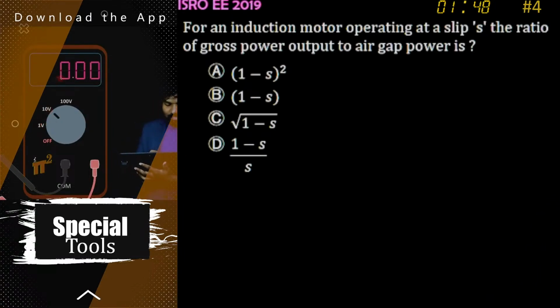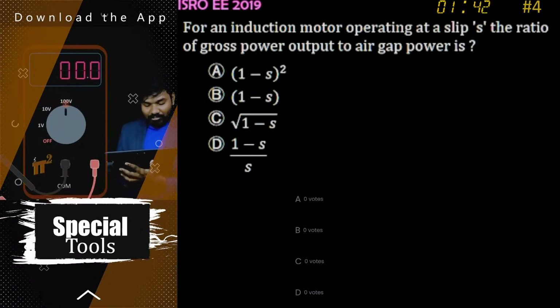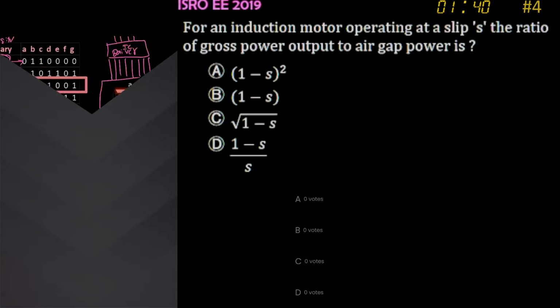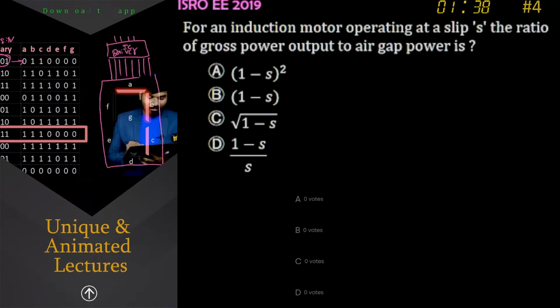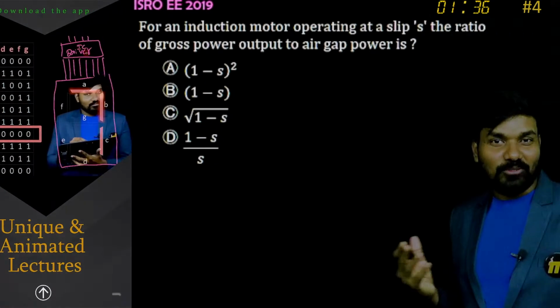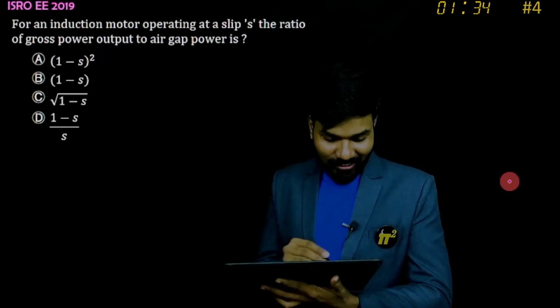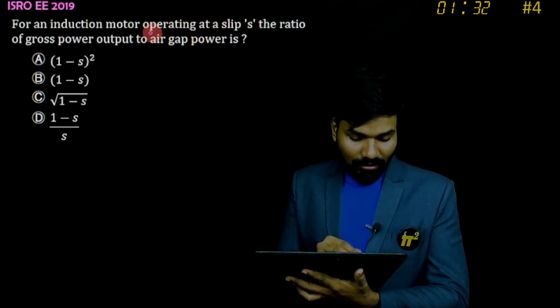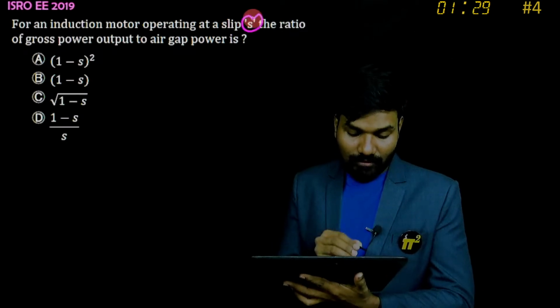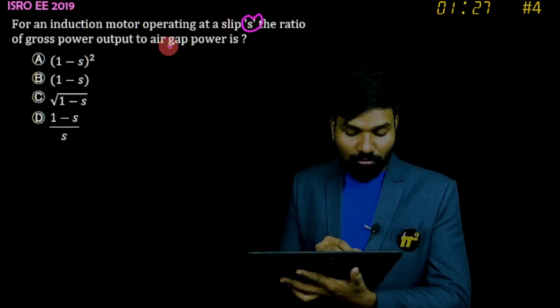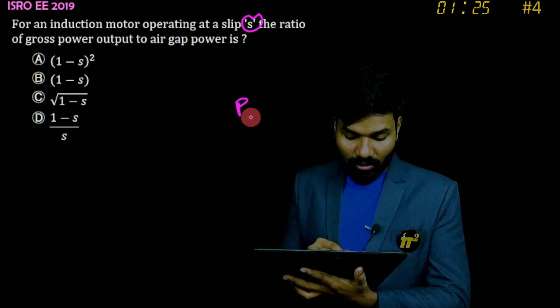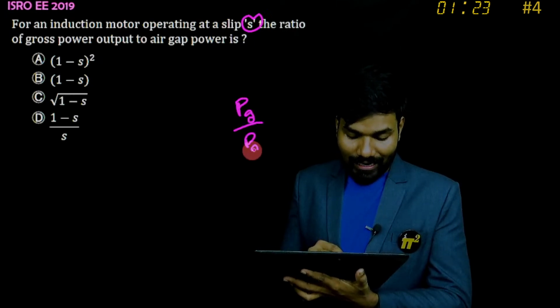Quick. It's been more than 15 seconds, so let me answer this. Induction motor operating at slip S. The ratio of gross power to the air gap power. Gross power is mechanical power. Pg is the air gap power.